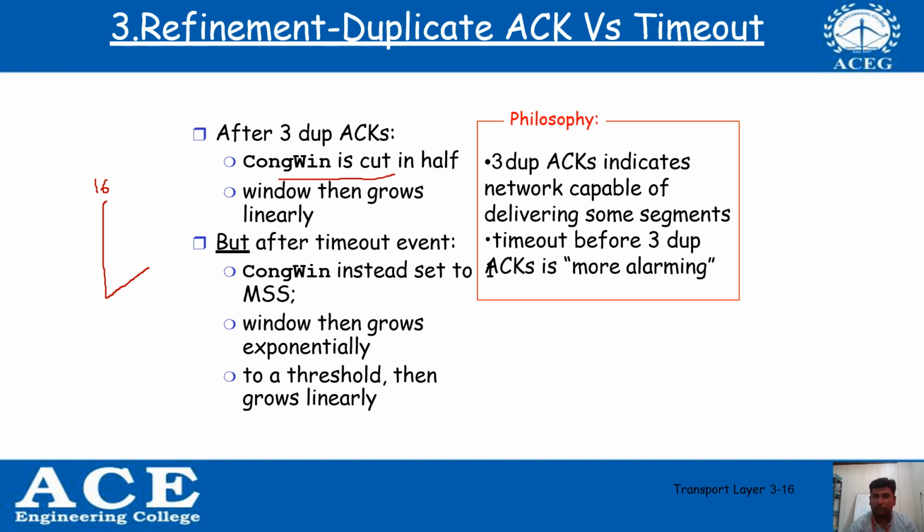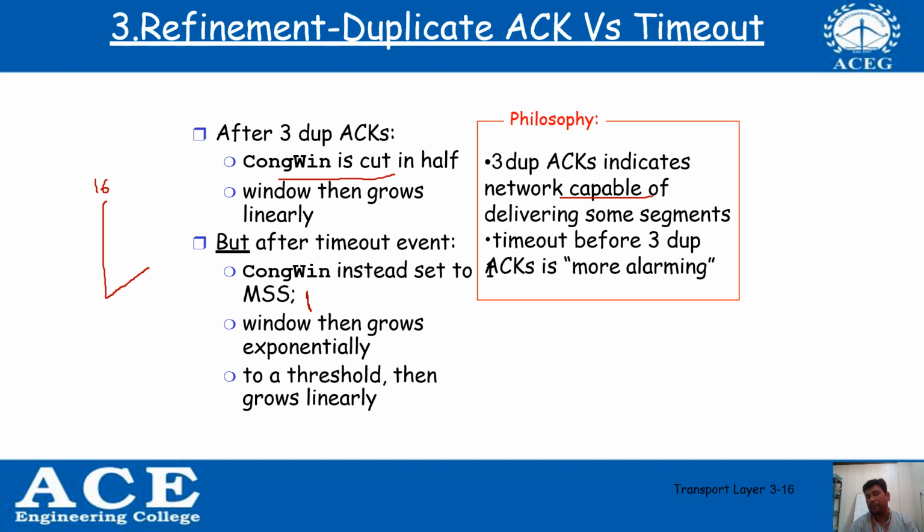But this, through duplicate acknowledgements, indicates that the network is capable of delivering some segments. For that reason, we are only reducing to half of the previous congestion window. But whenever there is a timeout event, which means that we are not able to deliver the packets and we are not able to get the acknowledgement in time, in that case, the congestion window is set to a maximum segment size of 1. And again, the window will be increasing exponentially.